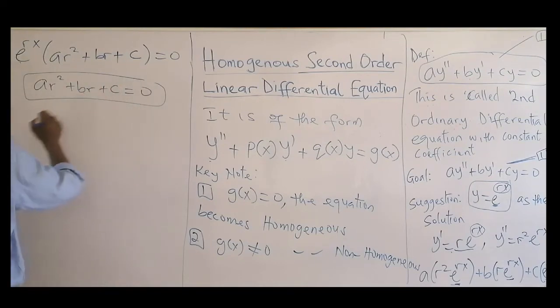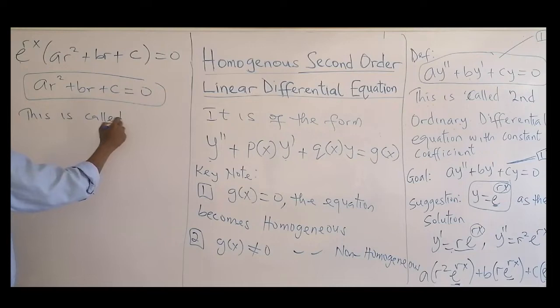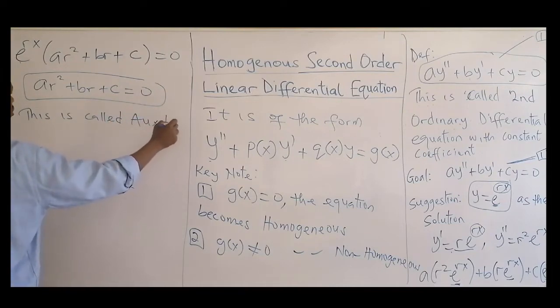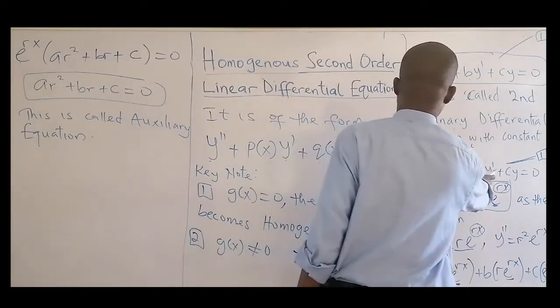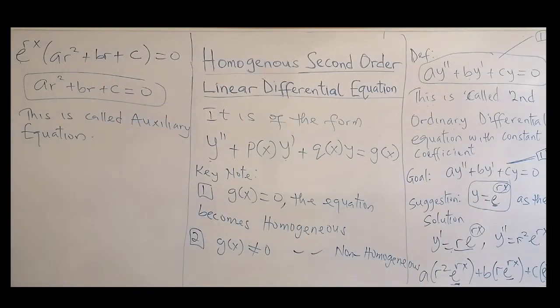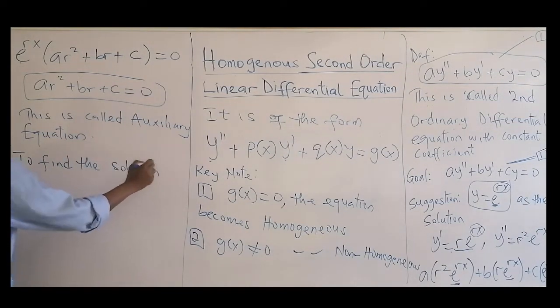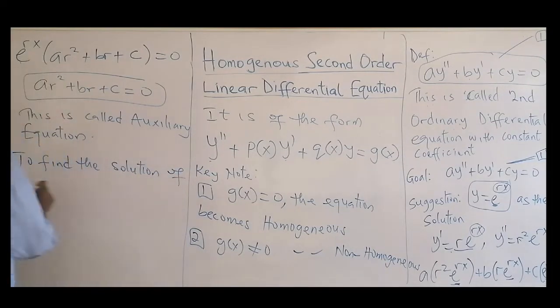This is called the auxiliary equation of equation 1. The next thing to do is to find the solution of equation 1.